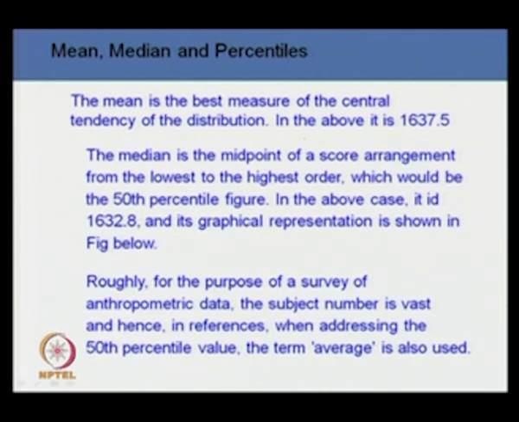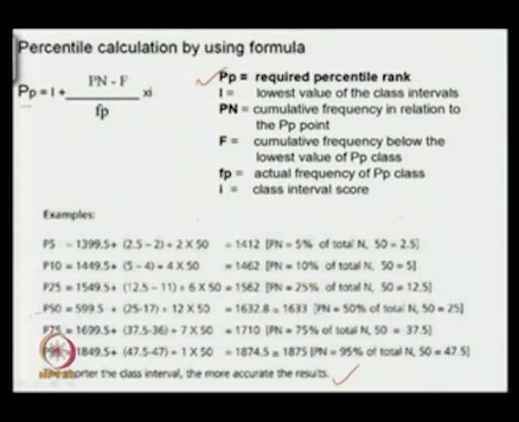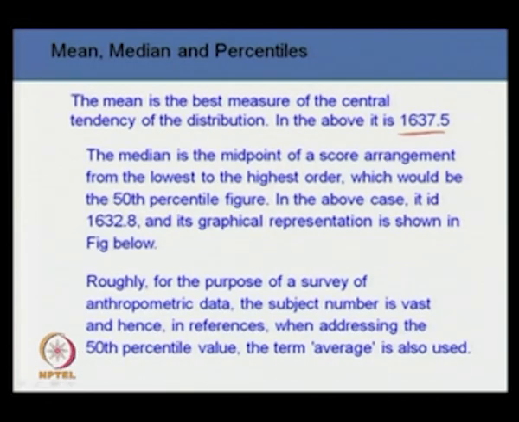So, for the 50 individuals we have measured, the value comes to 1637.5, but as per the 50th percentile, it comes to 1632.8, means 1633 millimeter. But here we can see that the average is different.